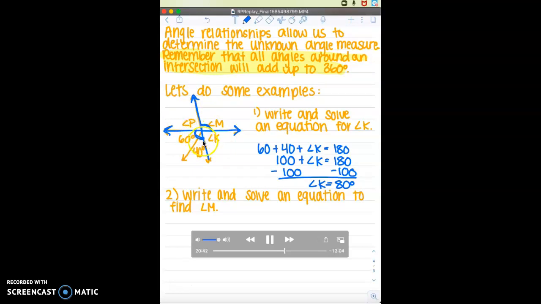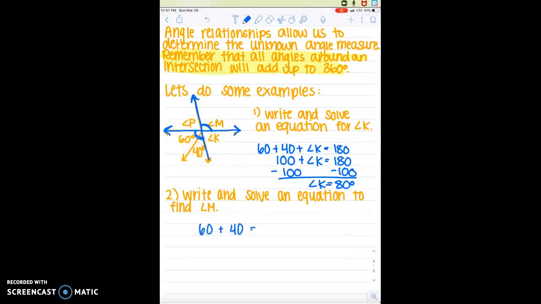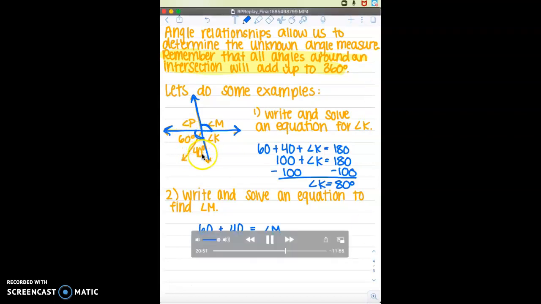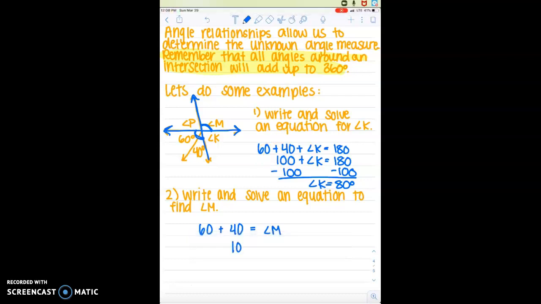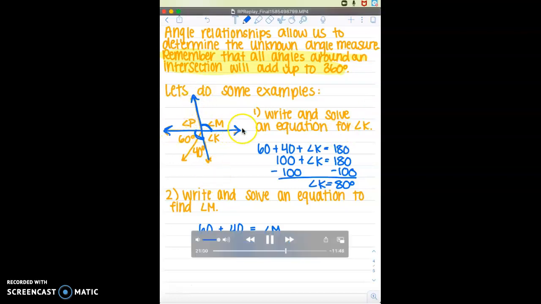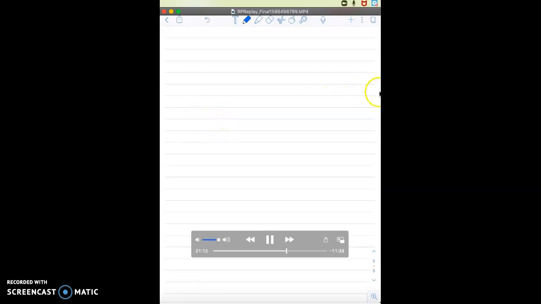So even though this is split into two, it's still a vertical angle to angle M. So that means that angle M is going to equal 60 degrees plus 40 degrees, and angle M is going to equal 100 degrees since those are vertical angles. And so that means that this right here and this right here have to be congruent. So even though it's split into two, we can still draw this as one big angle that equals 100 degrees, and that has to be congruent to angle M.